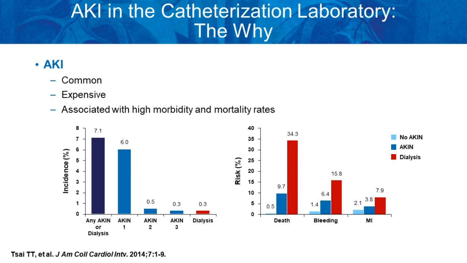While the number of patients that go on dialysis, fortunately, is very small, only about 0.3%, these patients have a terrible outcome. If you look to the slide on the right, you can see the patient that ends up on dialysis has almost a 30 to 40% chance of dying. They have a high risk of bleeding, and they have a high risk of myocardial infarction. Now, if you look at the patient that doesn't go on dialysis but develops acute kidney injury, about 9% of those patients will die.